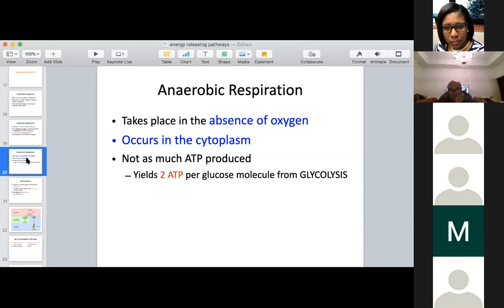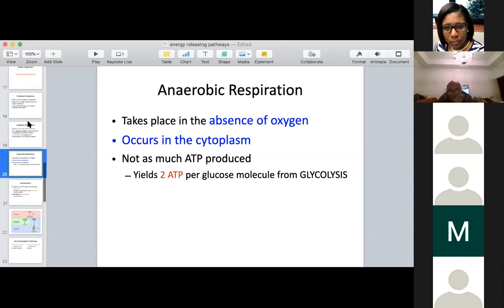Anaerobic respiration leads to a net yield of only 2 ATP molecules per glucose, and those are the 2 molecules of ATP generated during glycolysis.